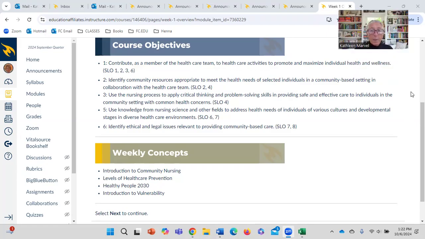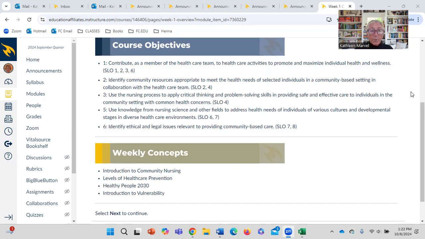Another objective for this week is to identify common resources appropriate to meet the healthcare needs of selected individuals in a community-based setting in collaboration with the healthcare team. Another course objective is to use the nursing process to apply your critical thinking skills and problem-solving skills in providing safe and effective care to individuals in the community setting that have common health concerns.